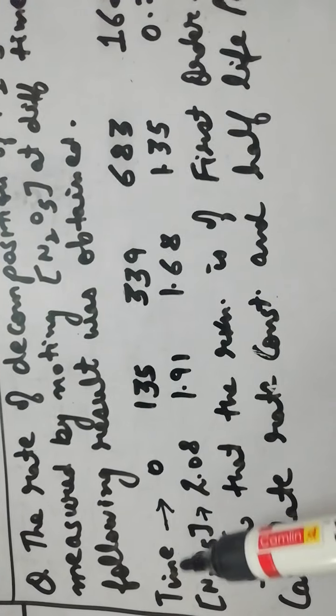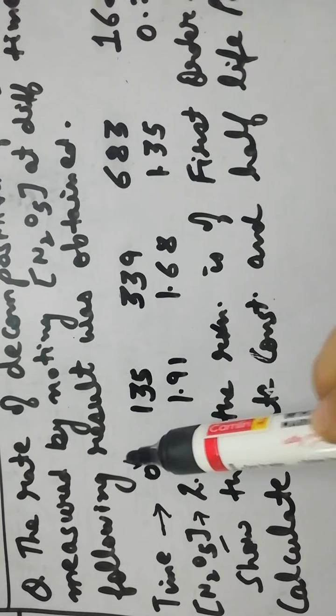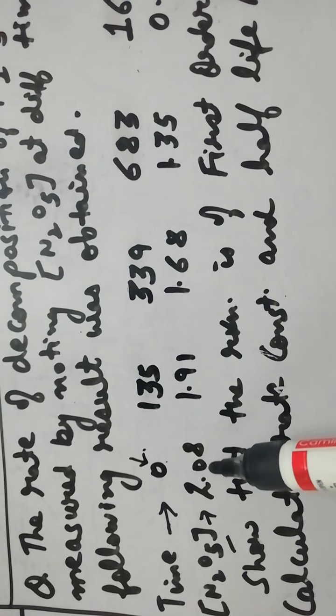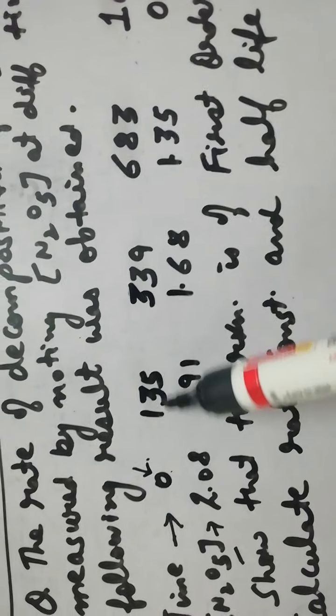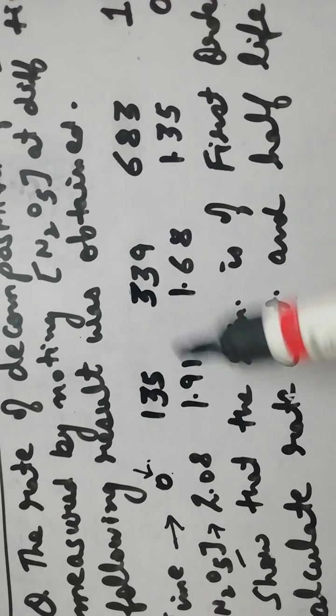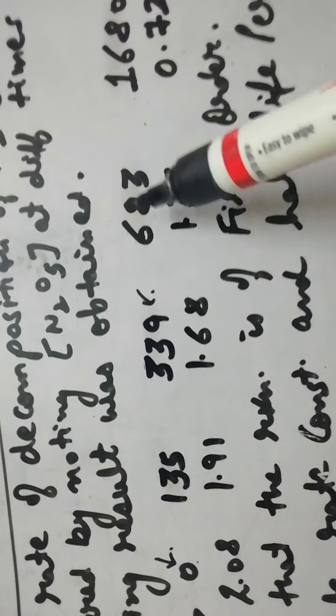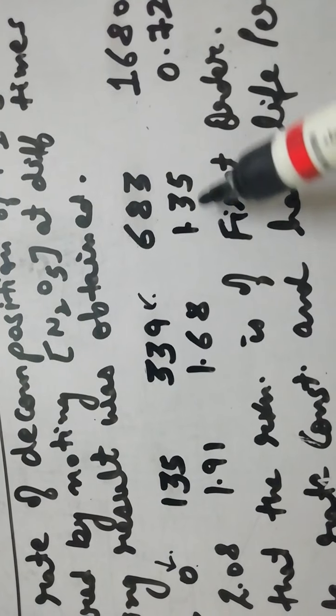At 0 seconds, that is when the reaction had not started, the initial concentration of N2O5 was 2.08 moles per liter. After 135 seconds, the concentration of N2O5 left was 1.91. After 339 seconds, the concentration was this much. After 683 seconds, the concentration of N2O5 was this much, and after 1680 seconds, the concentration of N2O5 was this much.